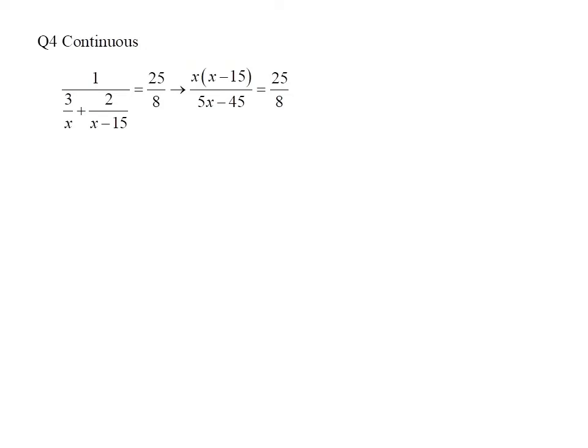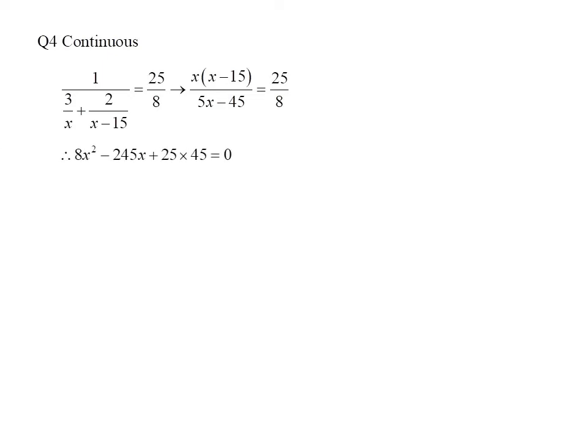Here we continue work on question 4 from the last slide. As can be seen, the left-hand side of the equation can be transformed to a single fraction: x times x minus 15 over the result of 5x minus 45 equals 25 over 8.